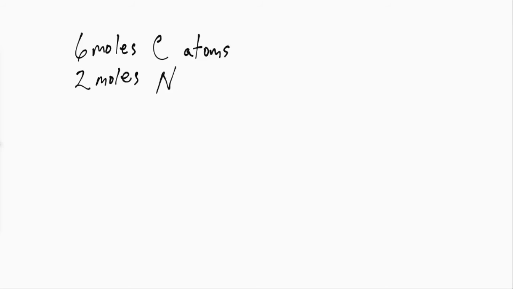So let's say I have, how about I have 6 moles of carbon. Well, 6 moles of carbon would be 6 moles of carbon atoms. And I've got 2 moles of nitrogen atoms. So I'll ask the same question similar to what I asked before. I think it'll be easier for you.